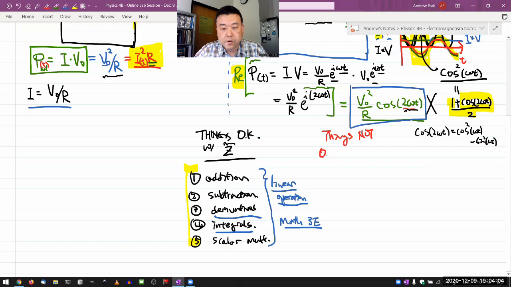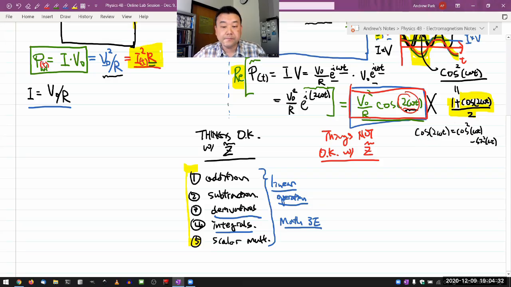not okay with complex numbers. Certain operations, if you do them, are going to mess up the relationships, and then you will get a result like this, which is not actually correct. I mean, it got some aspects of it correct, but it missed this whole offset that you should have gotten.